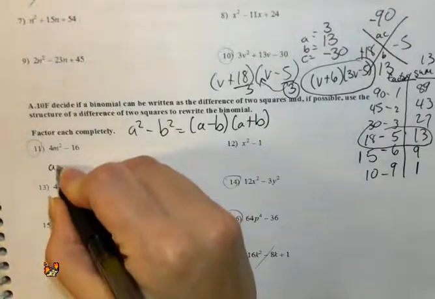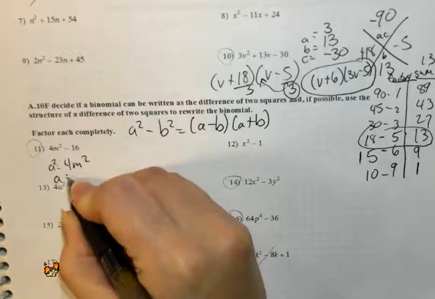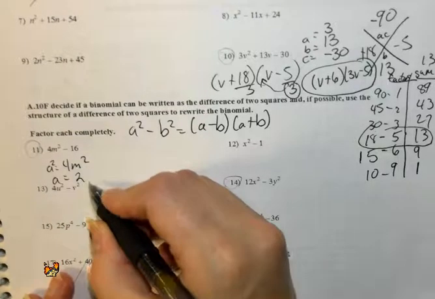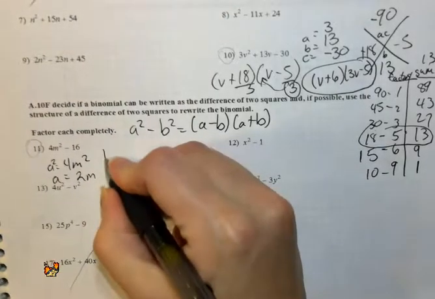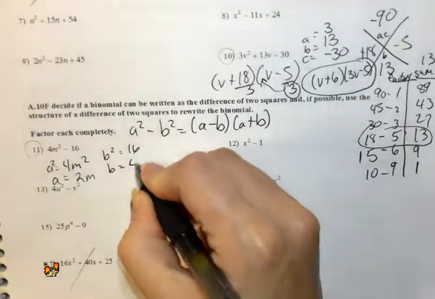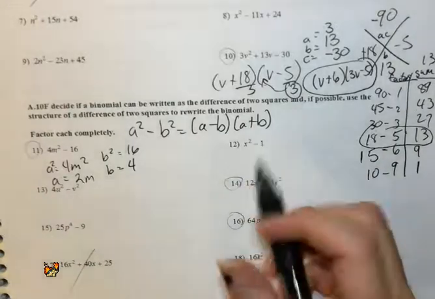So a squared would equal 4m squared. That means a would equal the square root of 4, which is 2, and the square root of m squared, which is m to the first power. B squared would be 16, and so b would be 4. Then we just plug it into the formula.